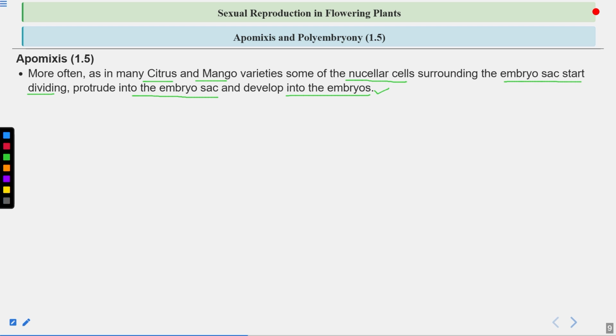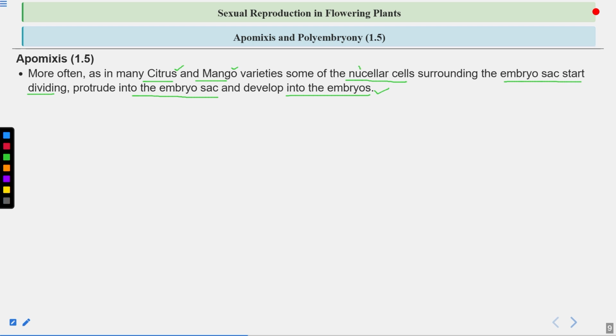This is another phenomenon. We are talking about citrus, so you can name any citrus fruits here, like lemon, oranges. These are some of the examples. Citrus and mango, you all know mango varieties very well.